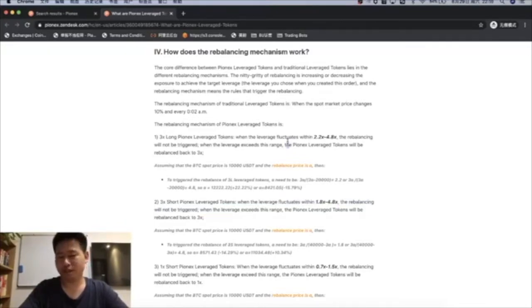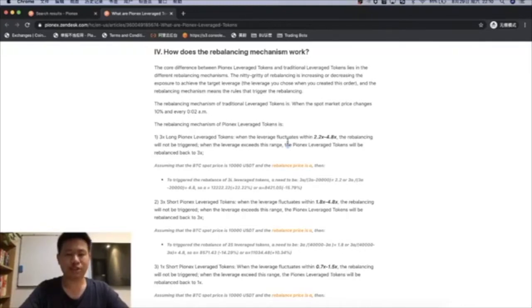When the coin price goes up, the actual leverage goes down because you now have more collateral and the risk is reduced. When it goes down to 2.2 times, we will rebalance the leverage back to 3 times.